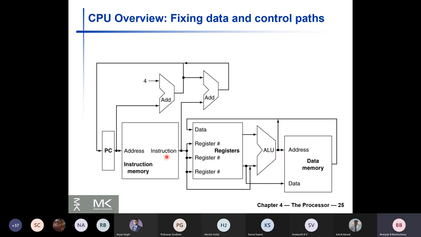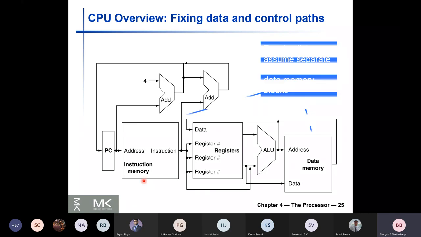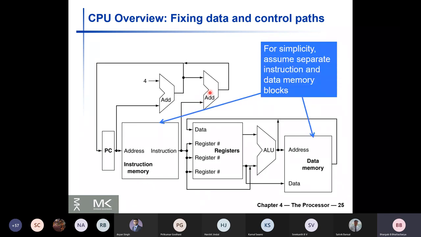For simplicity, we assume that our memory has two components here: one is instruction memory and the other is data memory. So let us assume for simplicity at this moment that we have separate instruction and data memory blocks. As you can see, we need a couple of modules like that.